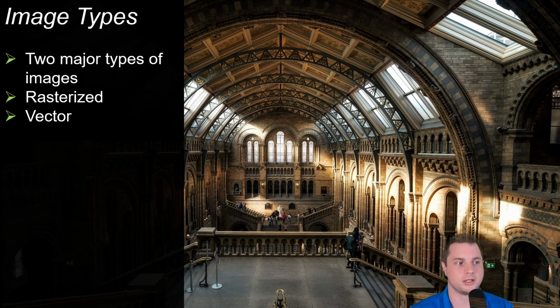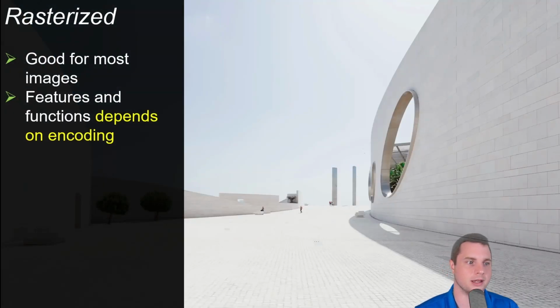All right, image types, two major ones. There's rasterized and vector. Rasterized is what you're used to. Vector is SVG. And we'll get into the differences here in just a second. Rasterized, good for most images. Features and functions depend on the encoding.